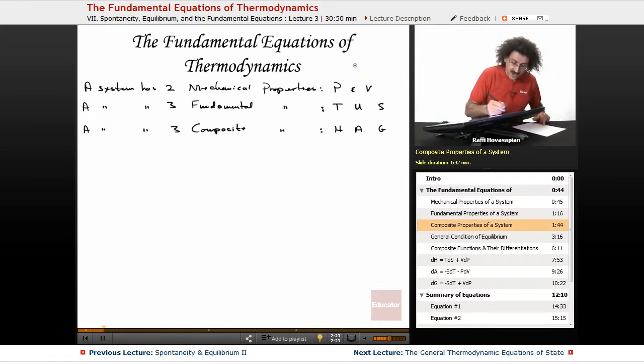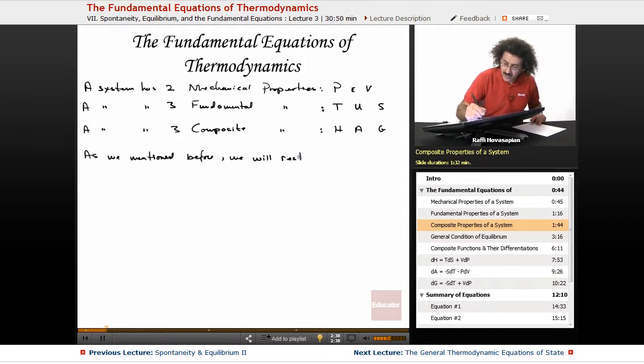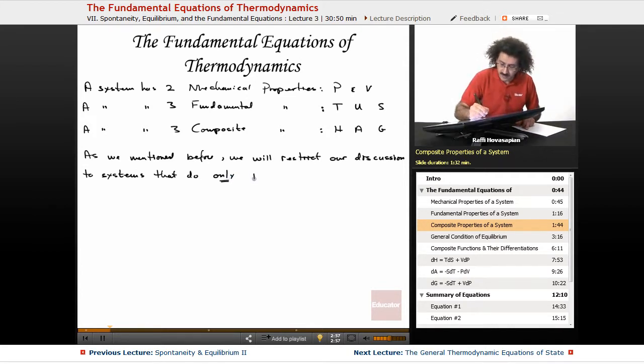Okay. Now, as we mentioned before, we will restrict our discussion to systems that do only pressure-volume work.